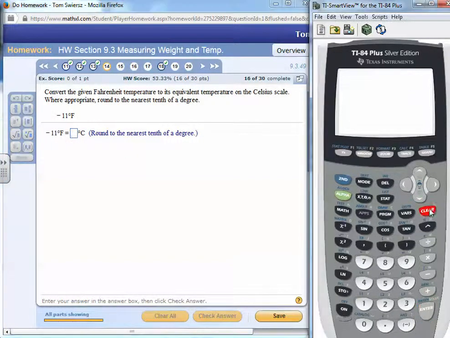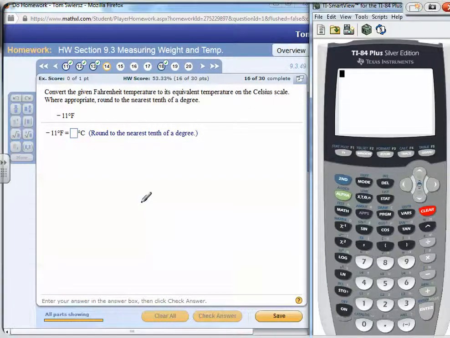All right, let's do negative 11 degrees Fahrenheit. Again, we want to solve for Celsius, so we use the formula C equals 5/9 times F minus 32.